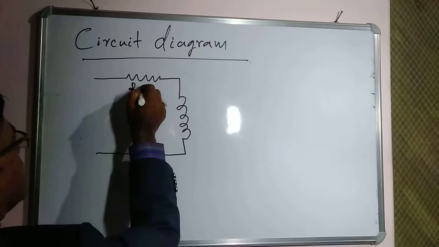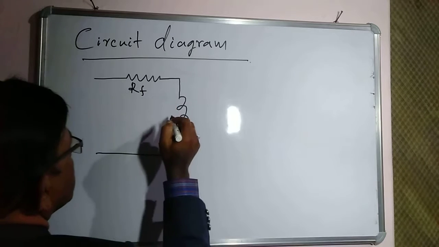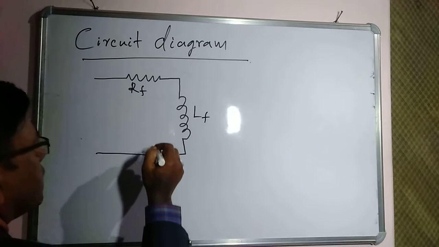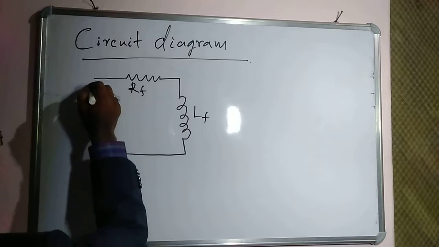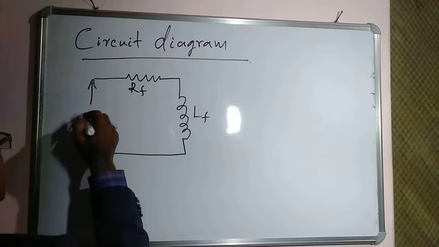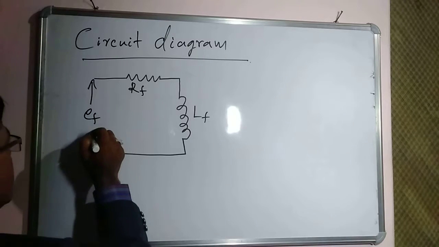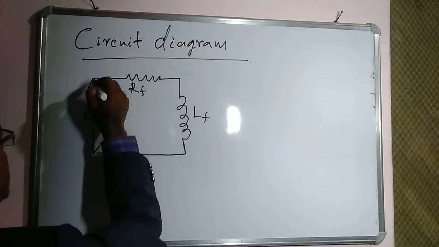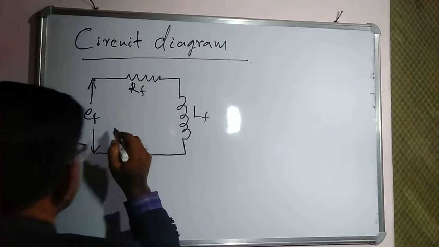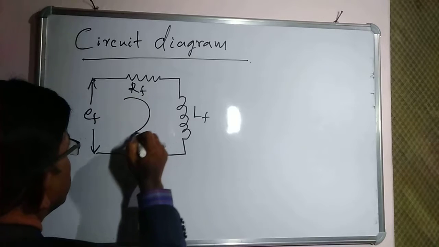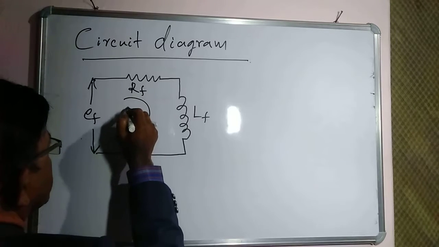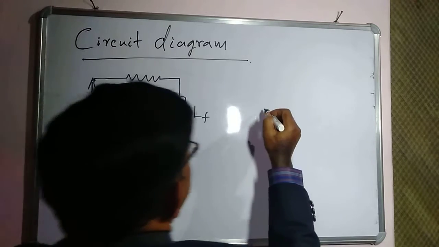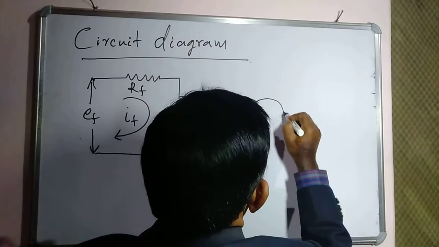Let us assume that this is the field resistance and this is the self inductance of the field coil, and this is the applied voltage to field, that is called control voltage or excitation voltage. And let us assume that the field current here is If.